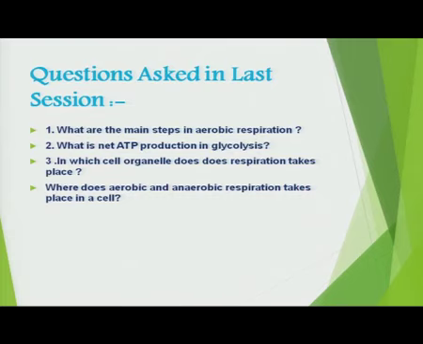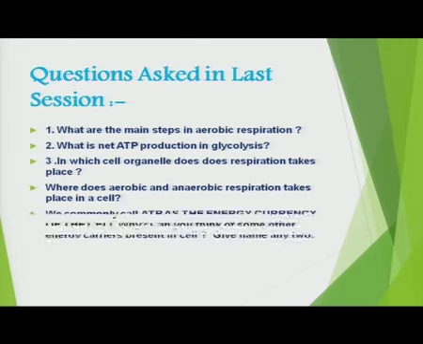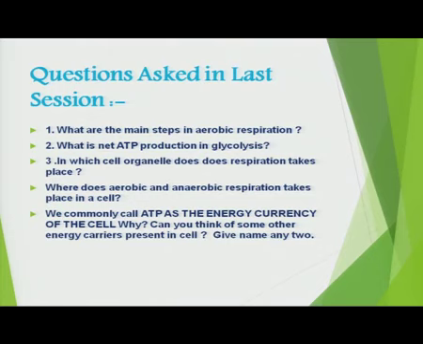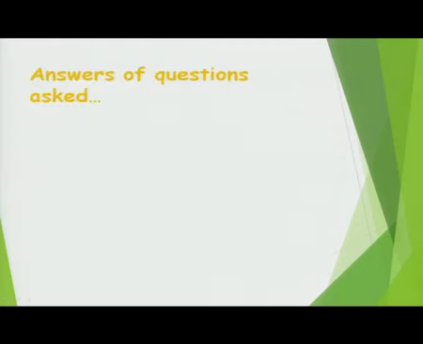The fourth question is, where do aerobic and anaerobic respiration take place? And the last question was, we commonly call ATP the energy currency of the cell. Why is it called energy currency? Can you think of some other energy carrier present in the cell? Give the names of any two.